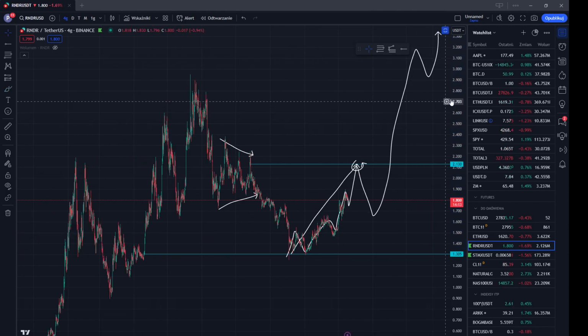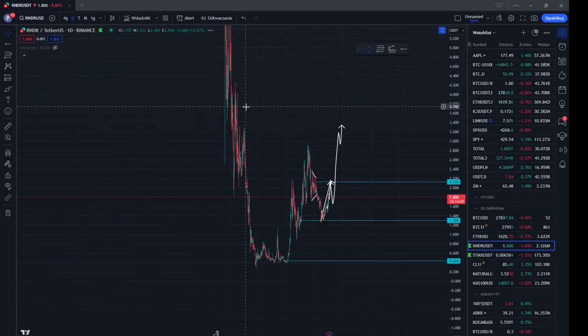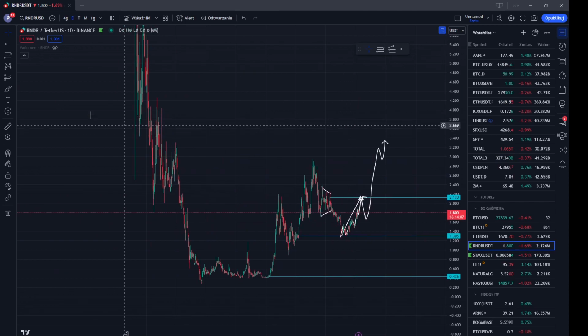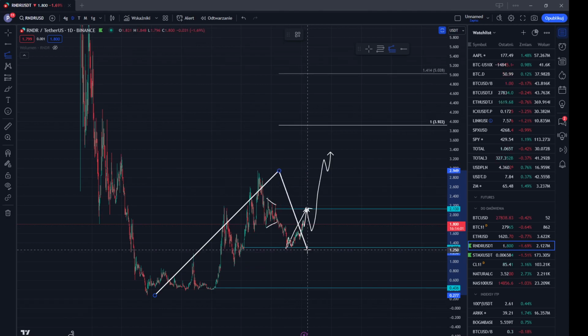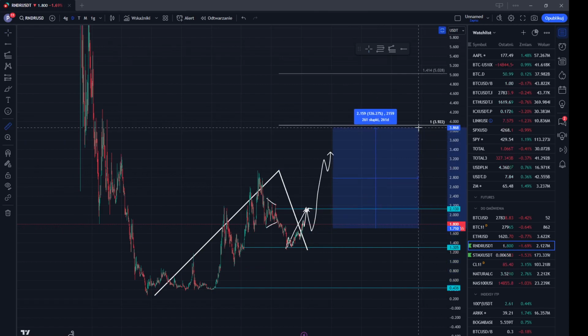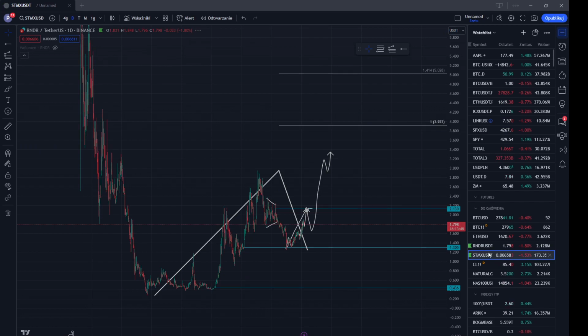So in that case, let's take it from here to here and to here. I would expect around about $4, which is a nice move of 130%. So yeah, that's Rndr.